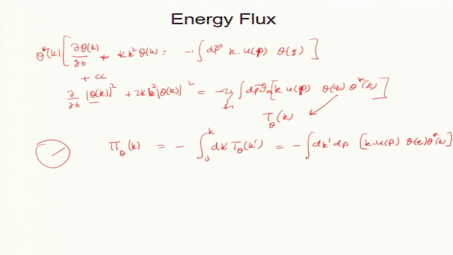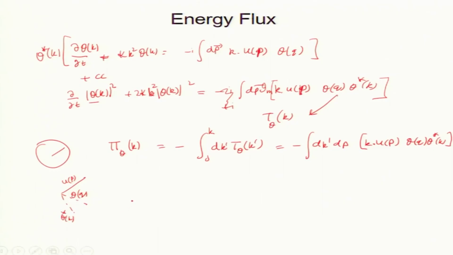So, it is a three wave interaction. Let us put u of p, theta of q, I am going to put a dash, theta, and then theta star of k.